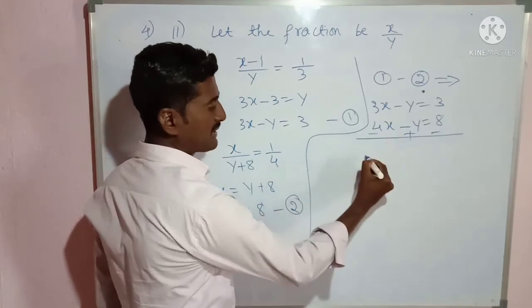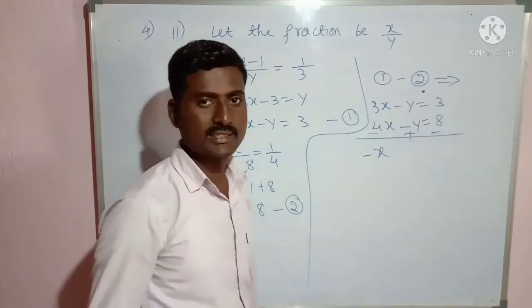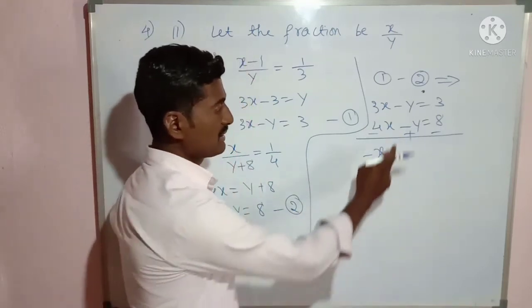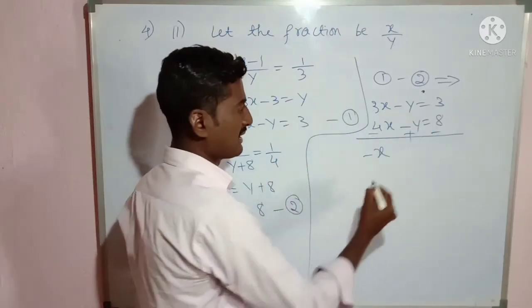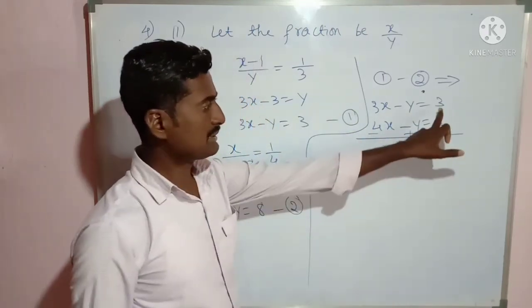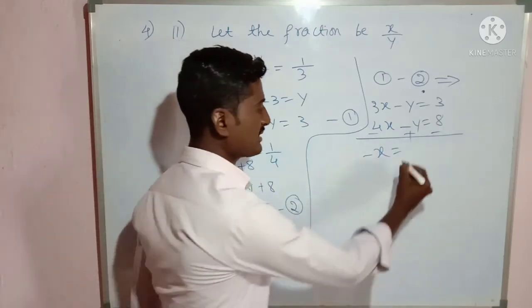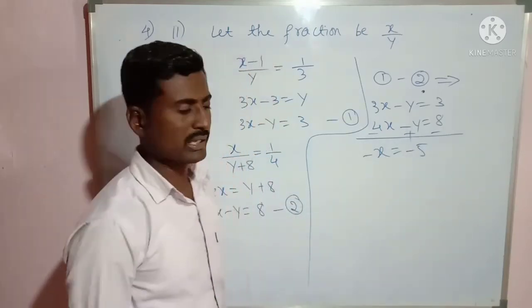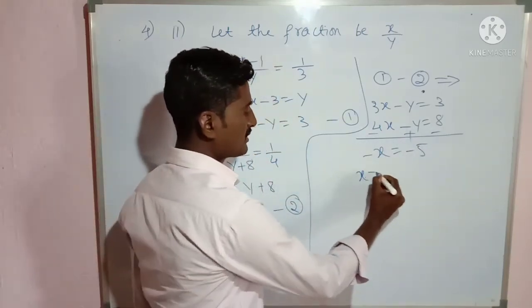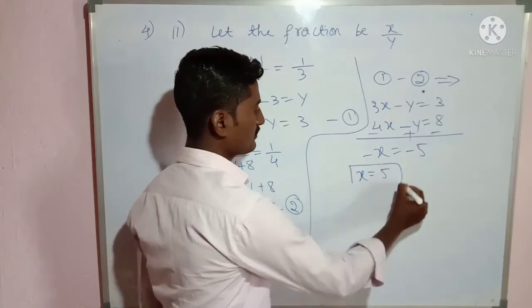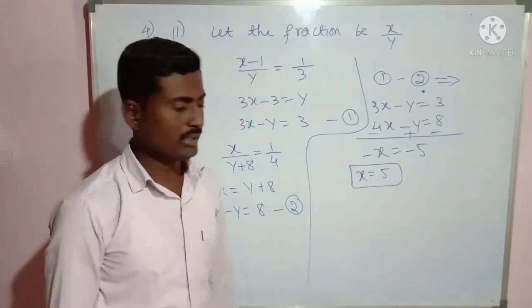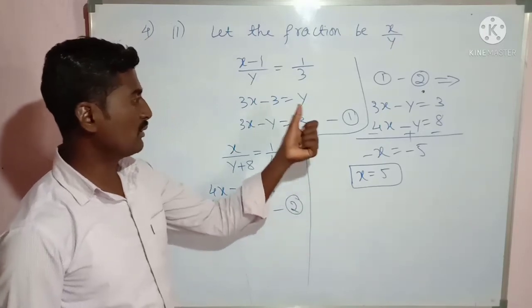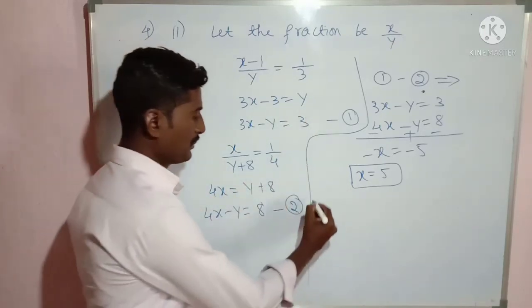3x minus 4x, that is how much? Minus x. Then minus y plus y gets cancelled, is equal to 3 minus 8, that is minus 5. So minus minus will get cancelled, so x is equal to 5. Now we shall substitute this x value in 1 or 2.